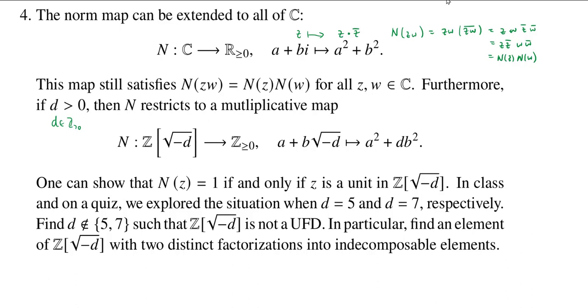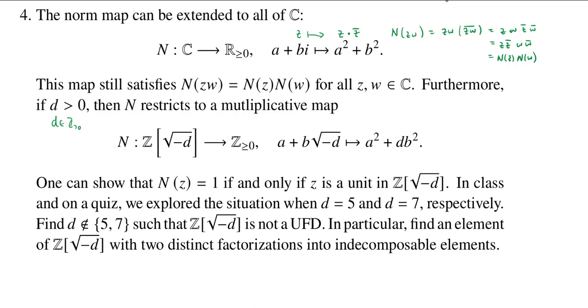So we use the same N here, but now instead of looking at all the complex numbers, we look at Z adjoin root -d. In class, we specifically looked at root -1 and root -5. And so this map is just going to send a plus b root -d to a squared plus d b squared. Fine.